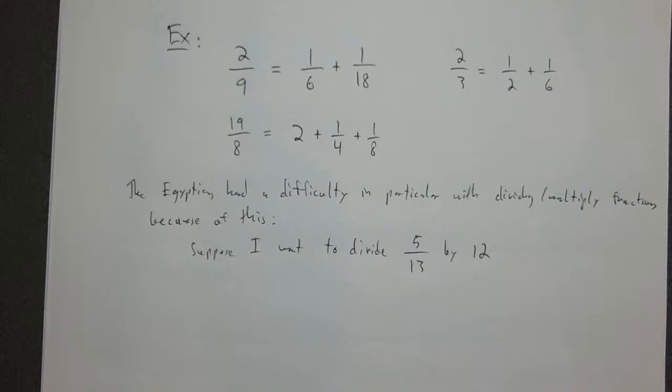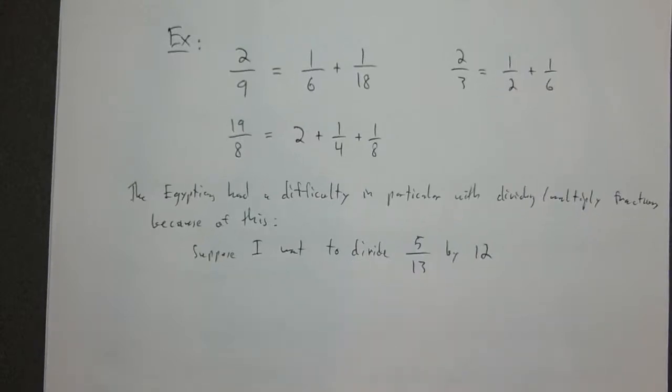But how would this work for Egyptians? Since Egyptians insist on writing 5/13 as a sum of unit fractions, how would this go?